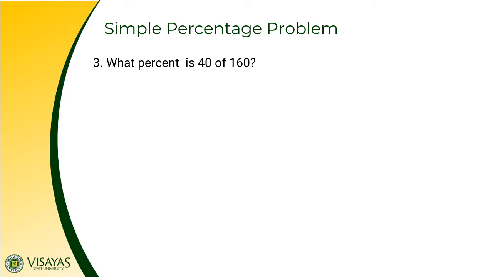And again, we are going to represent the problem with an equation. We have here x is equal to 40 over 160 times 100. Bakit may 40 over 160 times 100? Because if we are looking only for the percentage of a number out of a whole number, we are going to divide the part by the whole number.